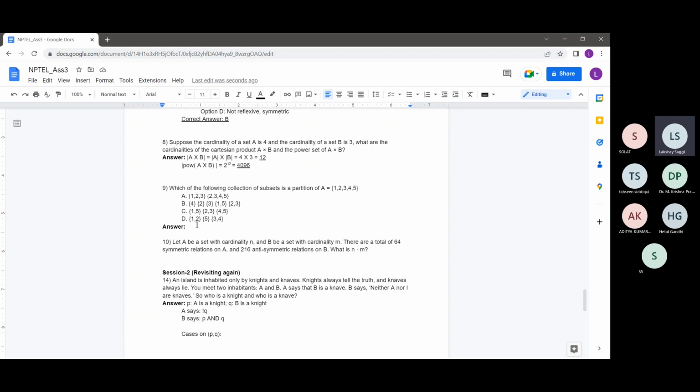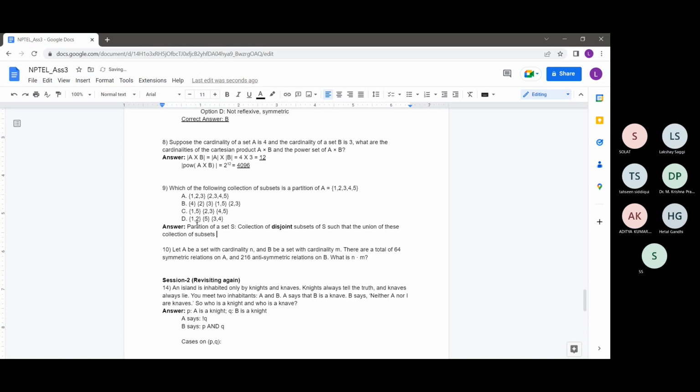So guys, a partition of a set S is a collection of disjoint subsets of S such that the union of this collection of subsets is equal to S. In partition, this word disjoint is very important. Basically, as in the name itself, the partition of a set means dividing the set into some disjoint smaller subsets, such that the union of all these smaller subsets gives us S again.